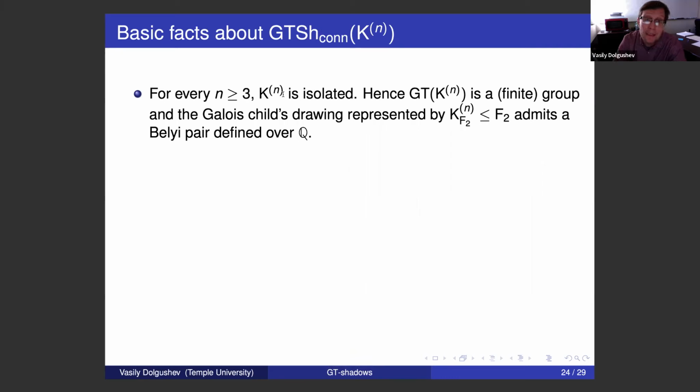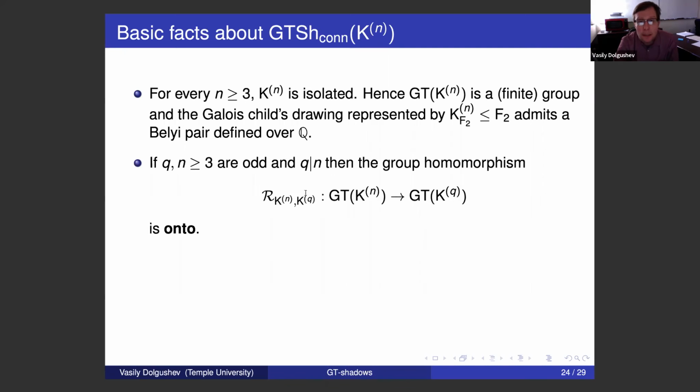For every n, Kn is isolated. Hence, this is a finite group. And therefore, the Galois-Child's drawing represented by this admits a Belyi pair defined over Q. So this is non-trivial. It requires some non-trivial things.